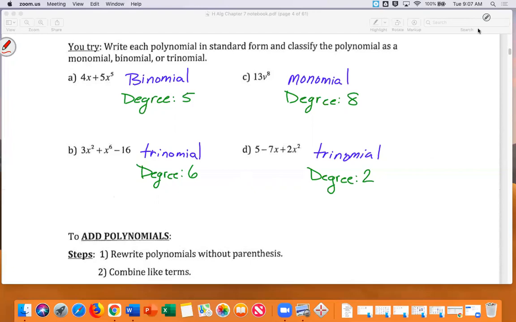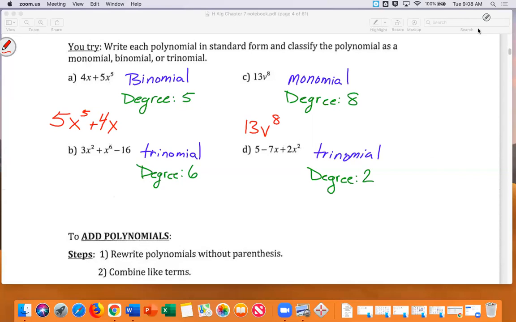All right, A, Ryan. Now we have to write it in standard form. So the degree is 5, so it goes 5x to the 5th. See how I did that? Plus 4x. Make sense? What about for C? 13 v to the 8th.